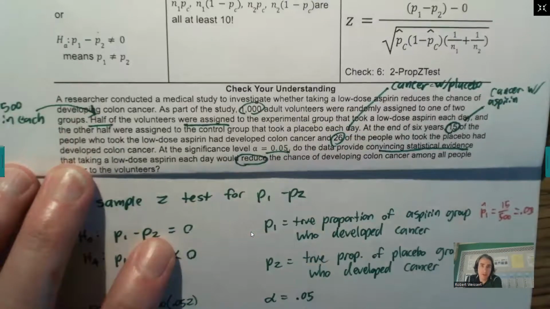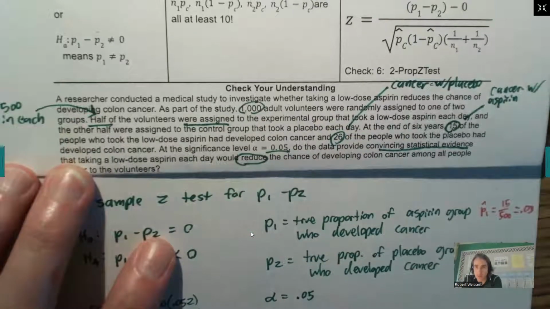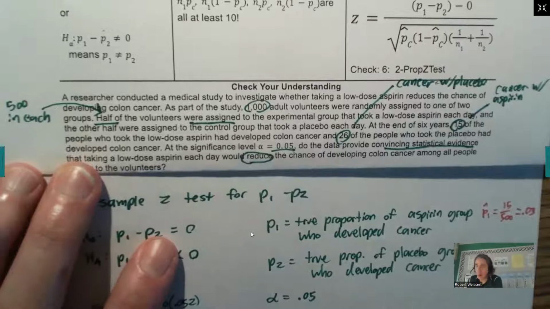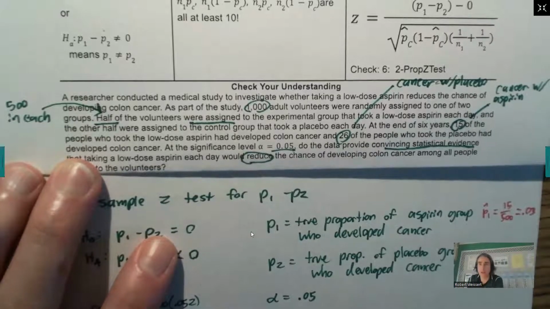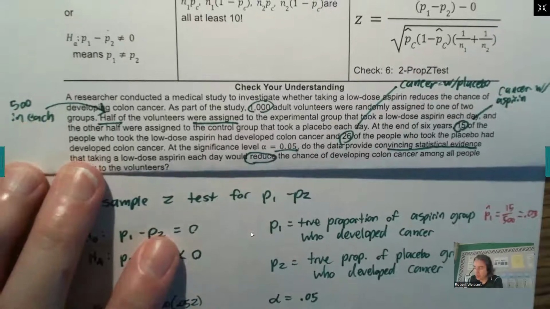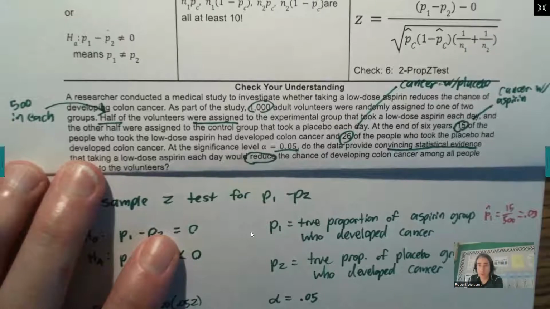A researcher conducted a medical study to investigate whether taking a low-dose aspirin reduces the chance of developing colon cancer. As part of the study, 1,000 adult volunteers were randomly assigned to one of two groups. Half the volunteers, so 500, were assigned to the experimental group that took a low-dose aspirin each day, and the other half were assigned to the control group that took a placebo each day.